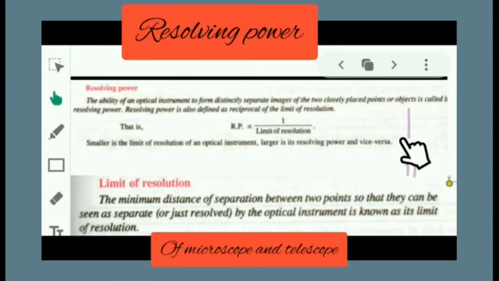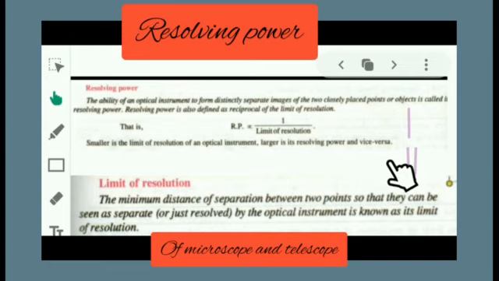But when you see with an instrument, you can see them separate. So the resolving power of that instrument is more than our eye. If the points are very close to each other and you can still see them separate, that means the instrument's resolving power is more.